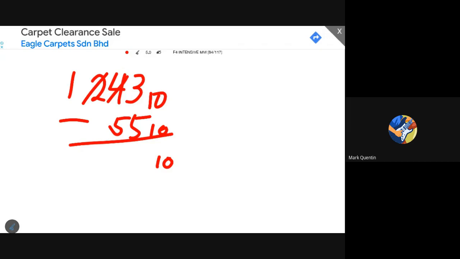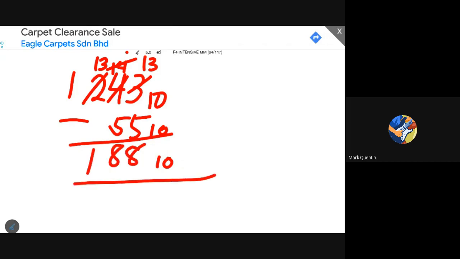Yes, correct. So then you put 14 on top here, because 10 plus 4, you get 14. Then cancel again and borrow again. So you will get 8, 8, 1. Did I do it correctly? Yeah, correct.